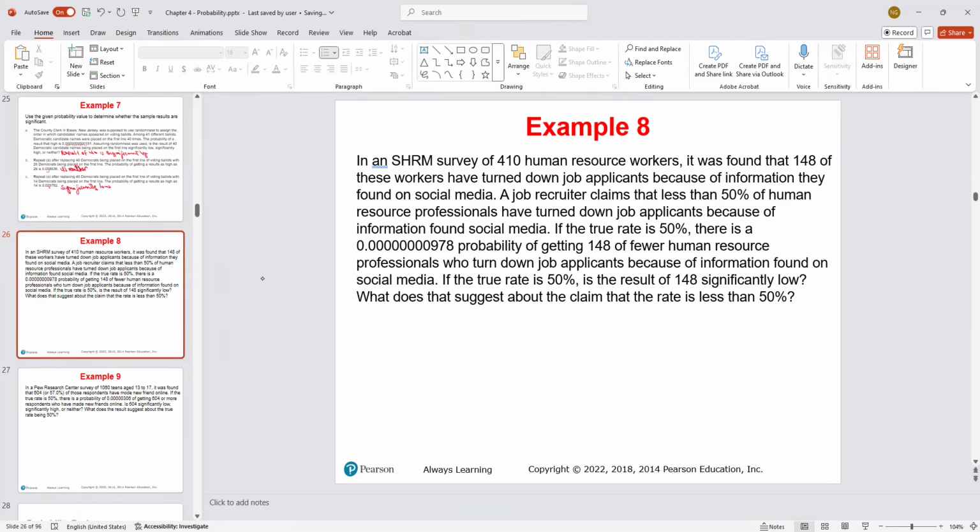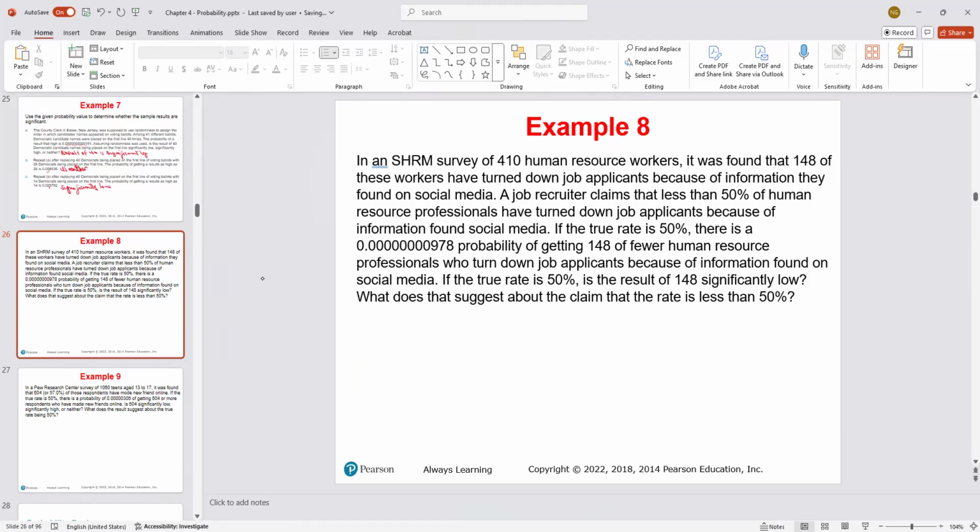The next example we talked about is in an SHRM survey, the SHRM questions. In an SHRM survey of 410 human resource workers, it was found that 148 of these workers have turned down job applicants because of information they found on social media.